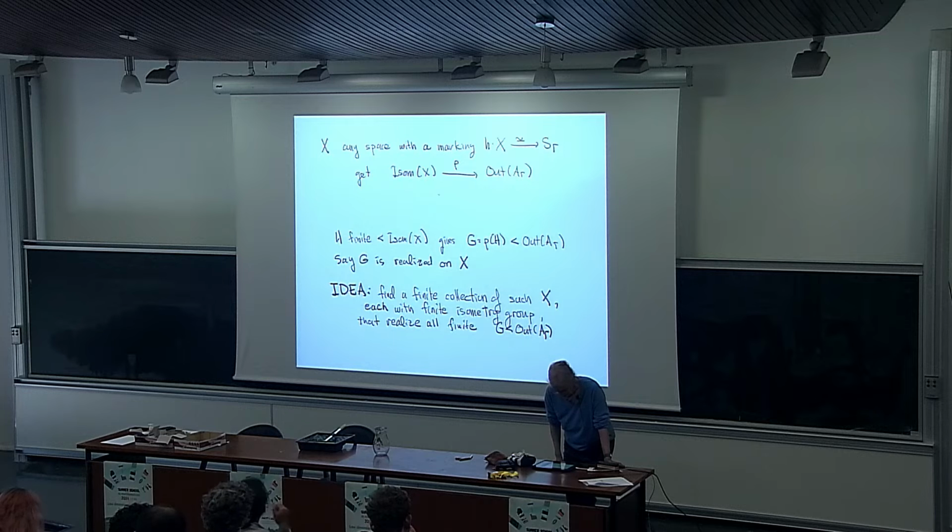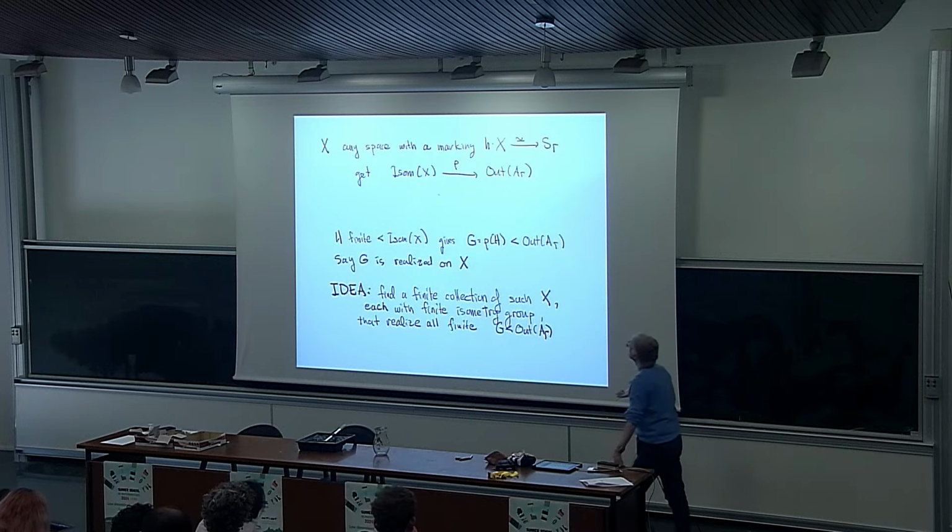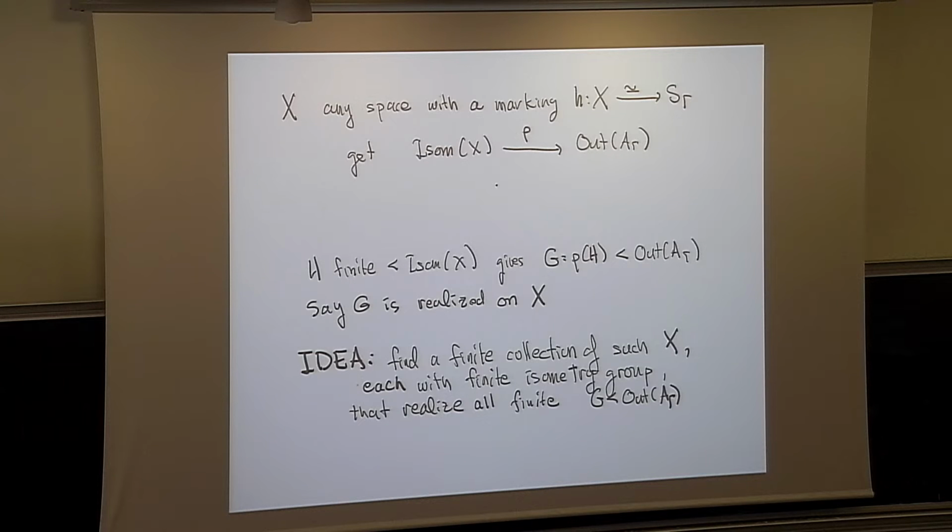Right. And in fact, whenever you have any space whose fundamental group is A gamma, I should have said that, and you've got a marking, then you get a map from the isometries of X into Out(A gamma).